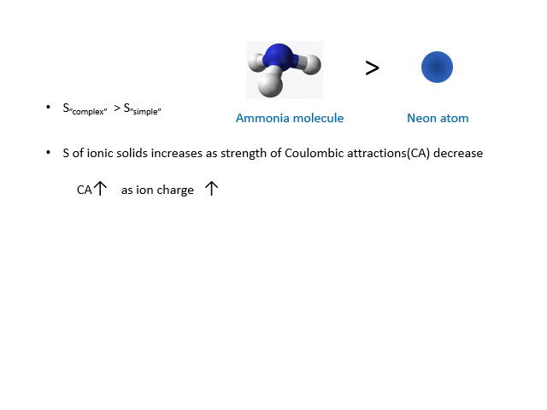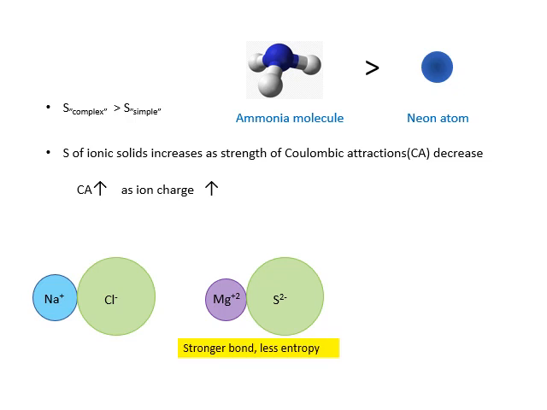The higher the charge, the stronger the bond. So for example, magnesium sulfide will have a lower entropy than sodium chloride because the magnesium sulfide bond is stronger, because the charges on magnesium and sulfide are higher than the charges on sodium and chloride.